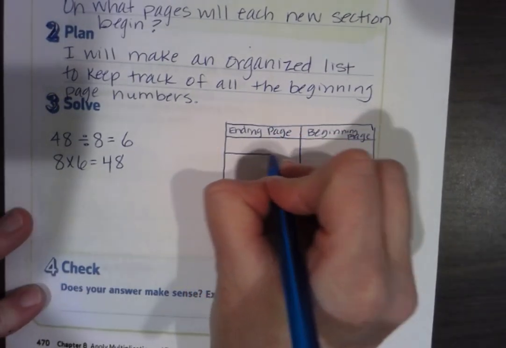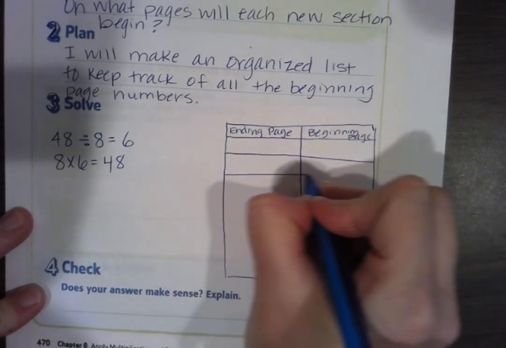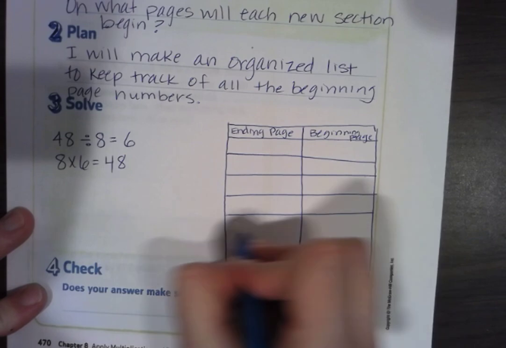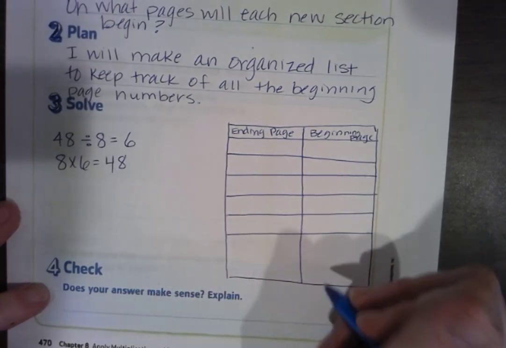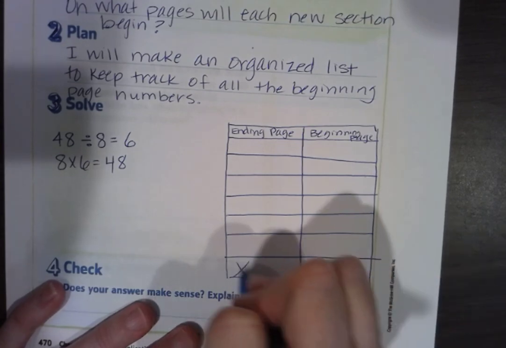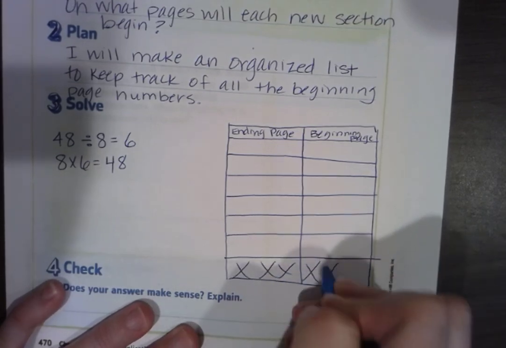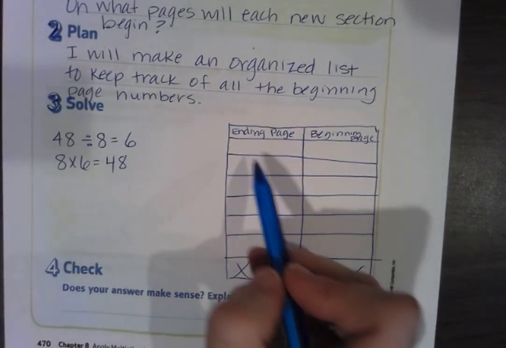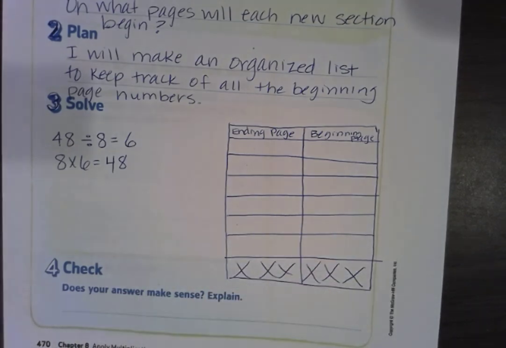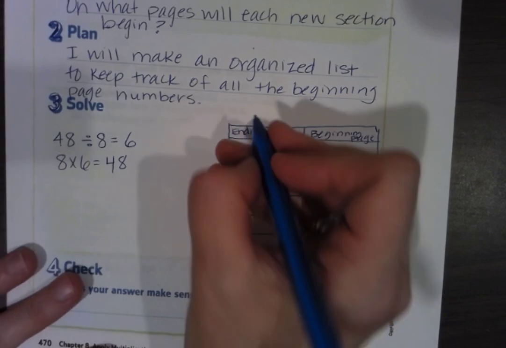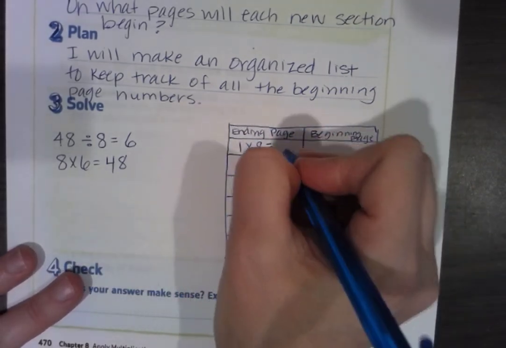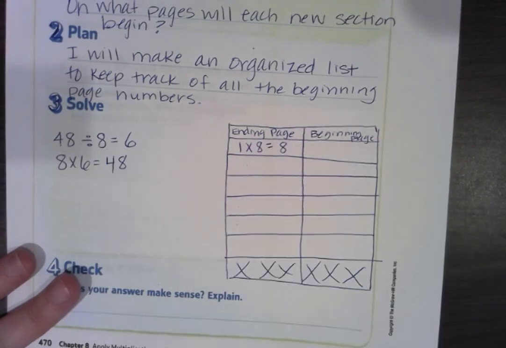So we're going to go 1, 2, 3, 4, 5, and that bottom section is 6. We don't need anything down there. So 1, 2, 3, 4, 5, 6 sections. So ending page, if I take 1 times 8, that will get us our ending page.